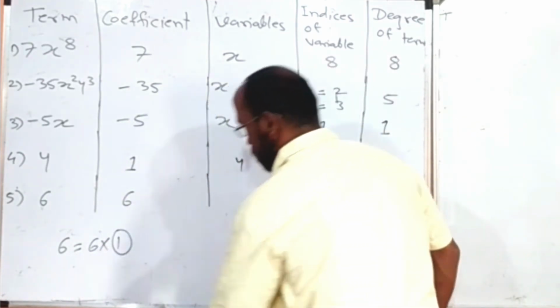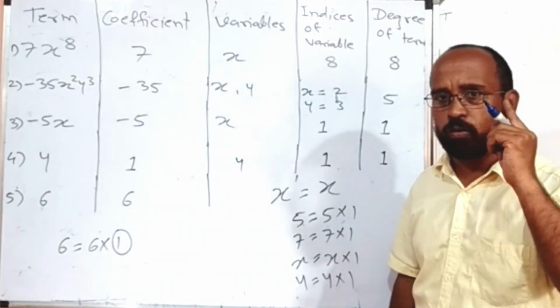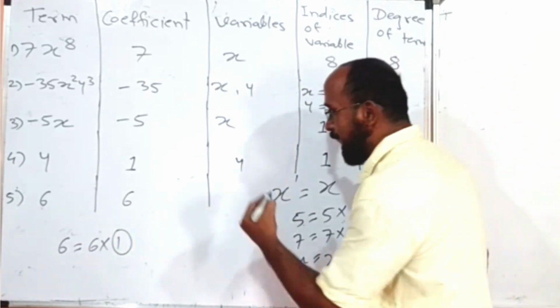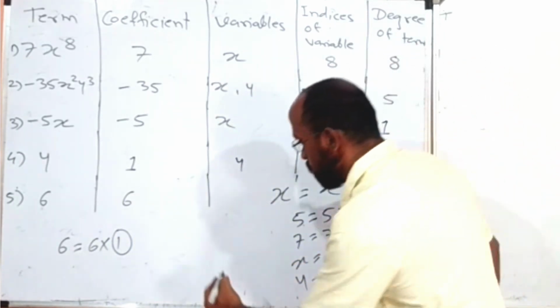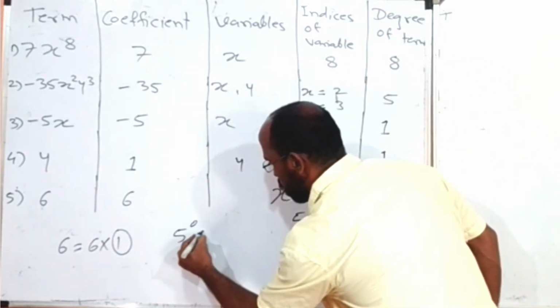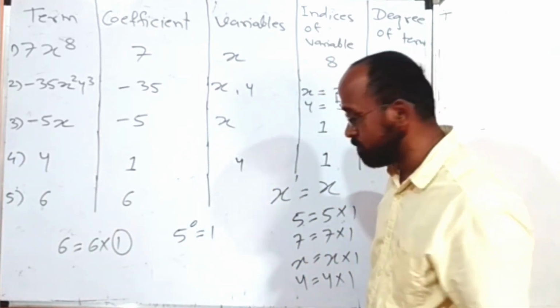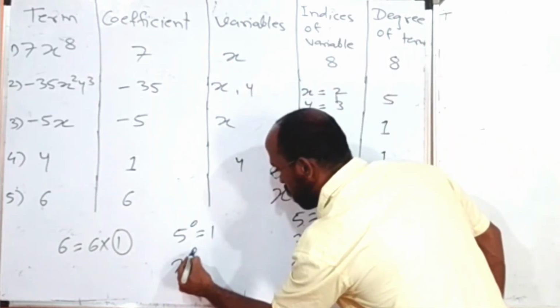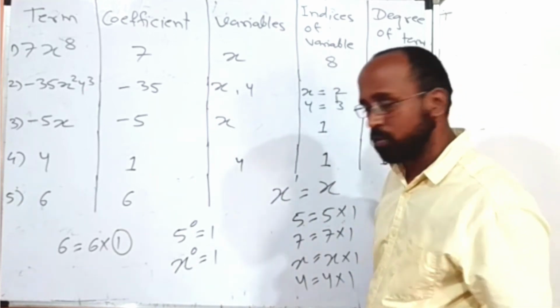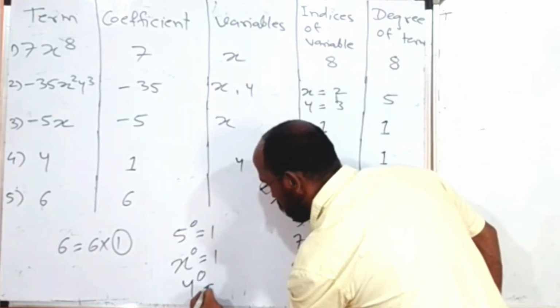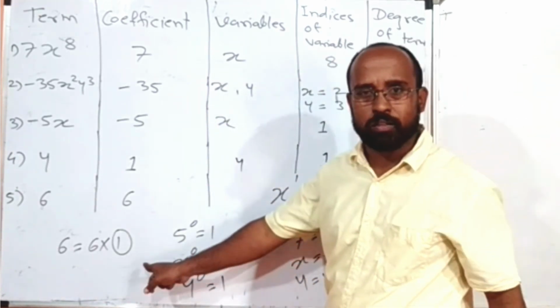And for this 1, remember one rule from the indices chapter: anything raised to 0 is 1. 5 raised to 0 equals 1. So x raised to 0 will be equal to 1. y raised to 0 also will be equal to 1.